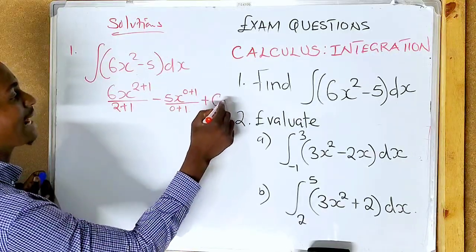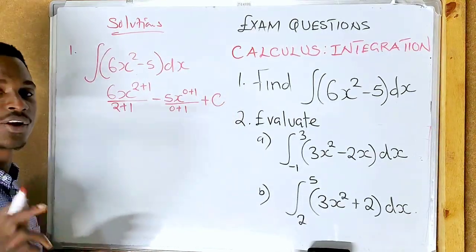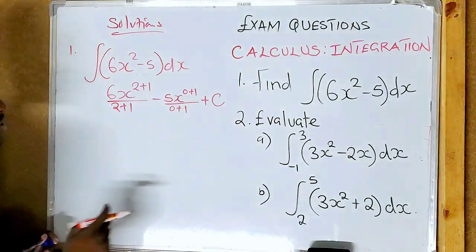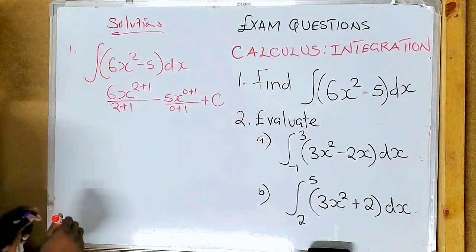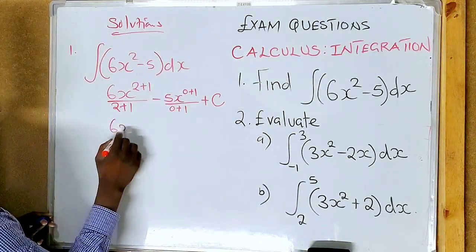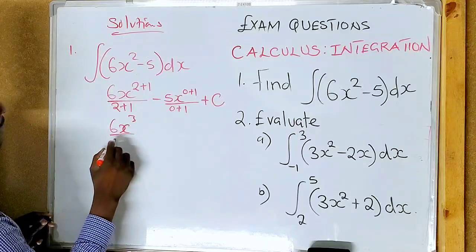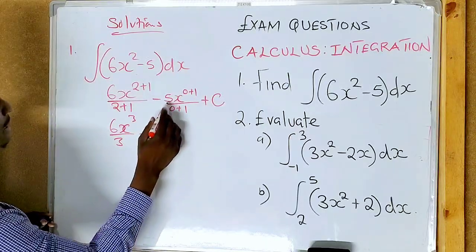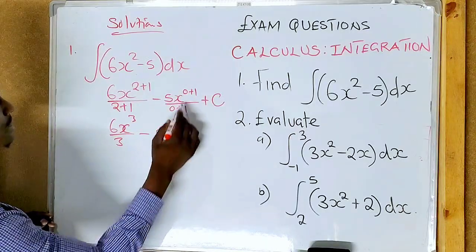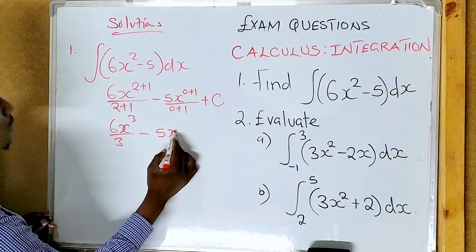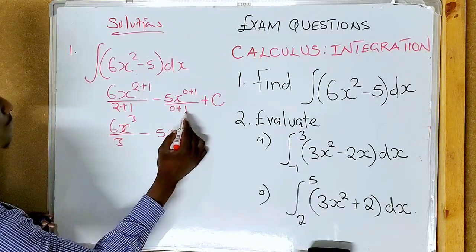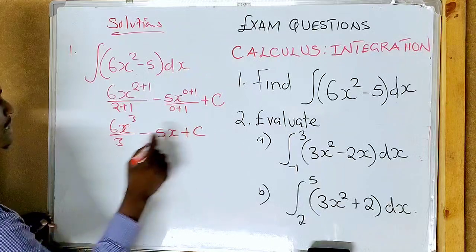Then here we add what we call an arbitrary constant, c, because these are indefinite integrals. So 6x to the power 3 over 3 minus 5x, because 0 plus 1 is 1, divided by 1 is 1, plus c.